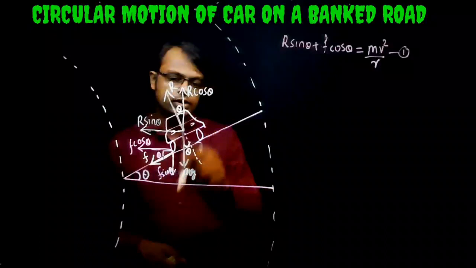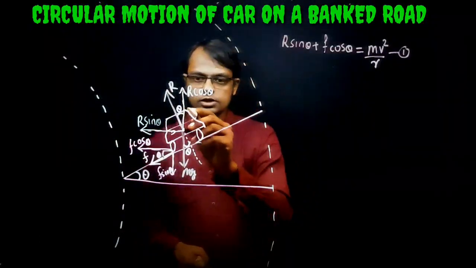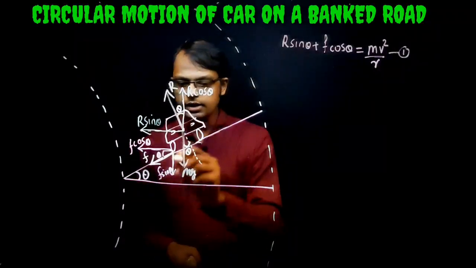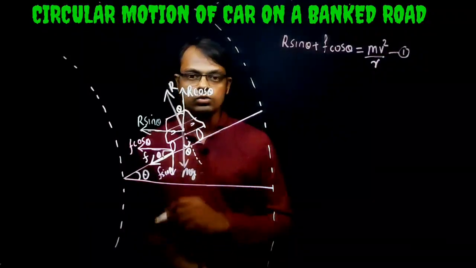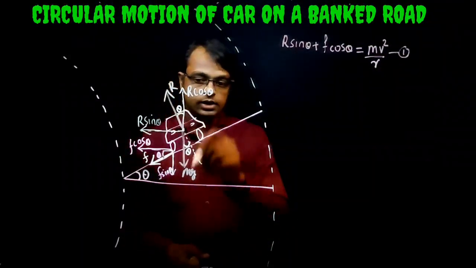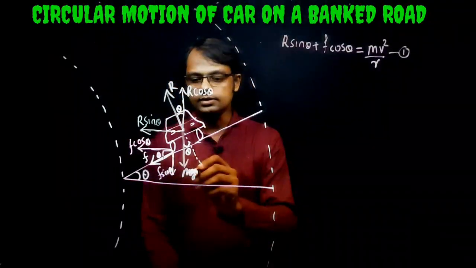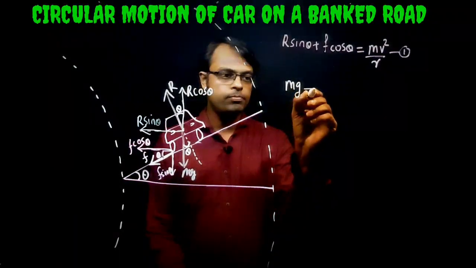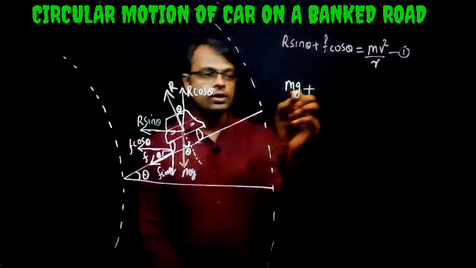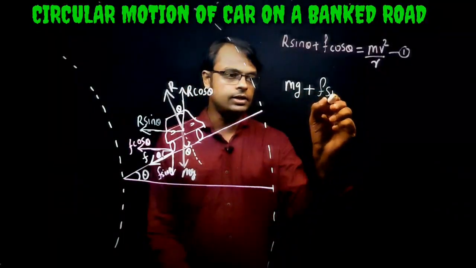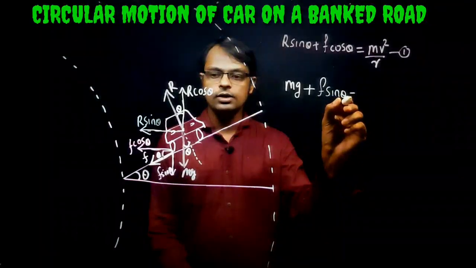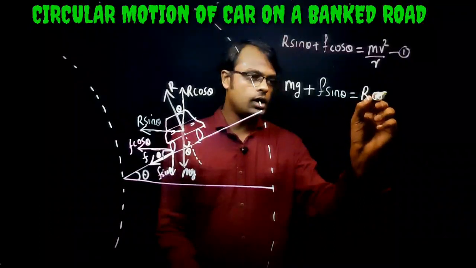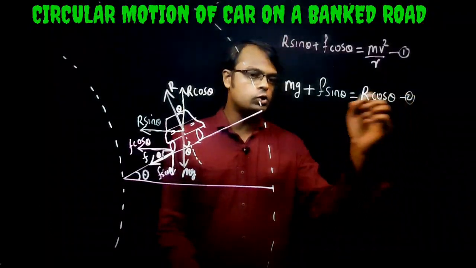Now if you consider the vertical direction, we have R cos theta vertically upward, mg vertically downward, and F sin theta also vertically downward. If you equate the vertical forces, mg acting downward plus F sin theta is equal to the upward force, R cos theta, equation number 2.